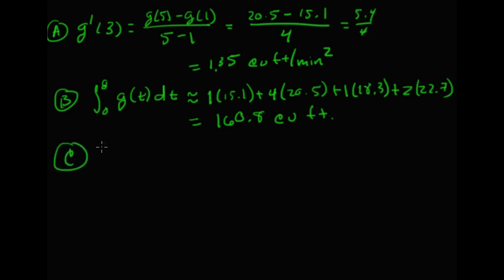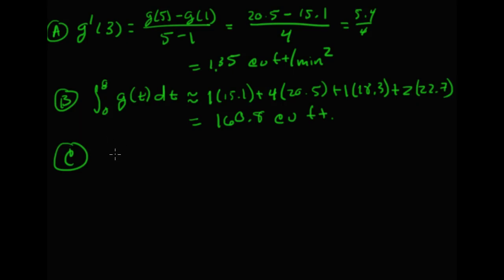Part C gives us a spoilage rate, W, where W is measured in cubic feet. We use the result from part B to approximate the amount of unspoiled grain in the silo at time 8.